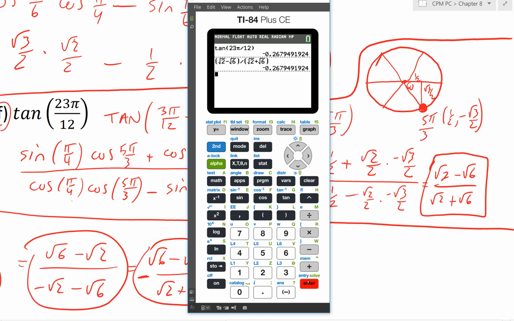Enter, and we get the same decimal, confirming that we must have done something right. Okay, so that's it for that lesson on using the sum and difference equations for sine and cosine.